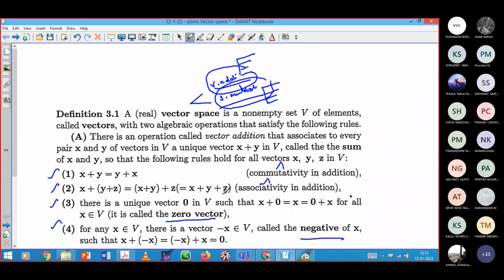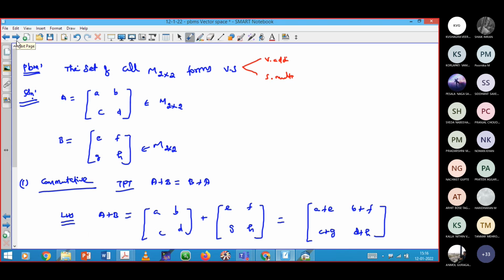Next, we come back and check the second property, that is the associative property. How many matrices are needed? Three matrices are needed in our problem. So I need to define another matrix, that is C, equal to H, I, J, K, L. This also lies in the matrix set M2 by 2.